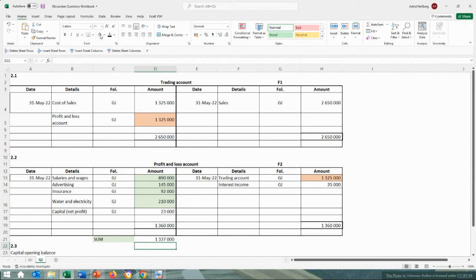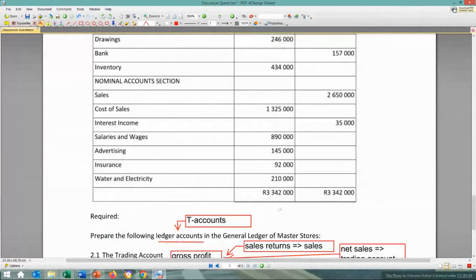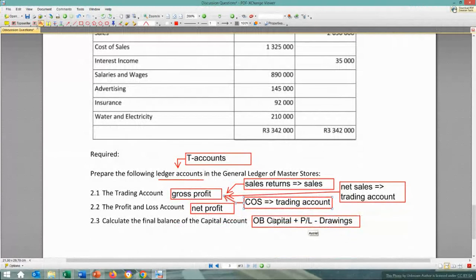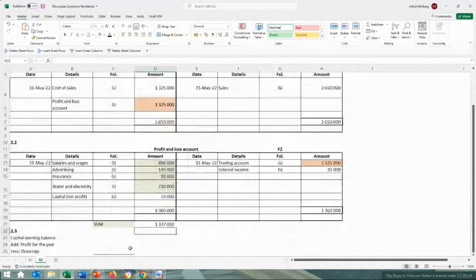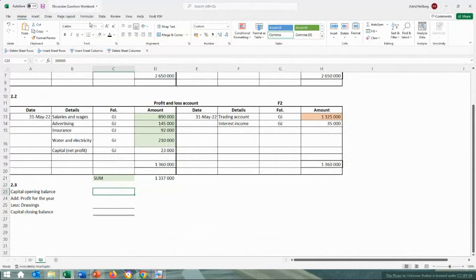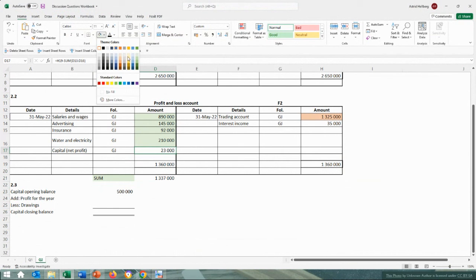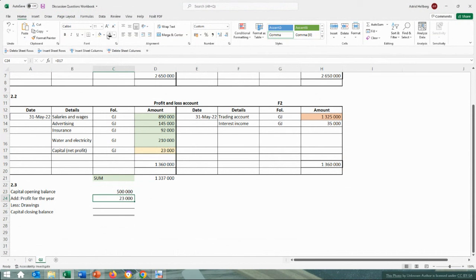Now the last thing they asked us to do is work out the closing balance for your capital. We first have to look at what the opening balance was, based on our formula here. Our opening balance was 500,000, so we capture 500,000 as our opening balance. Our profit for the year is 23,000.